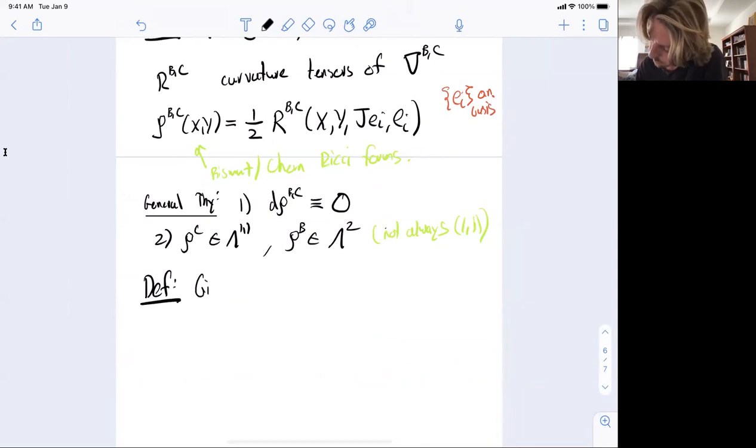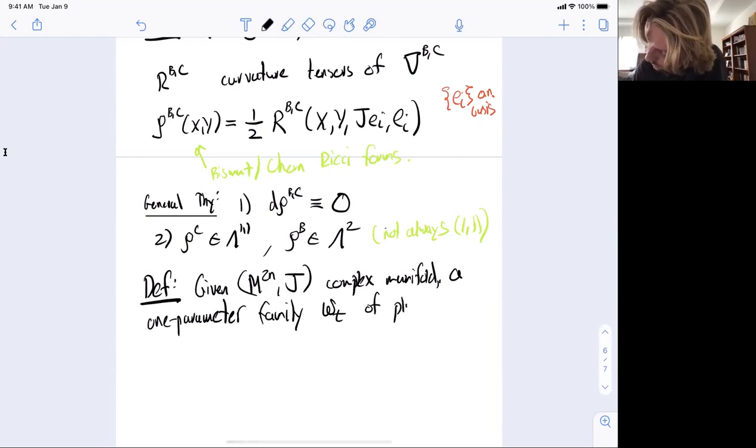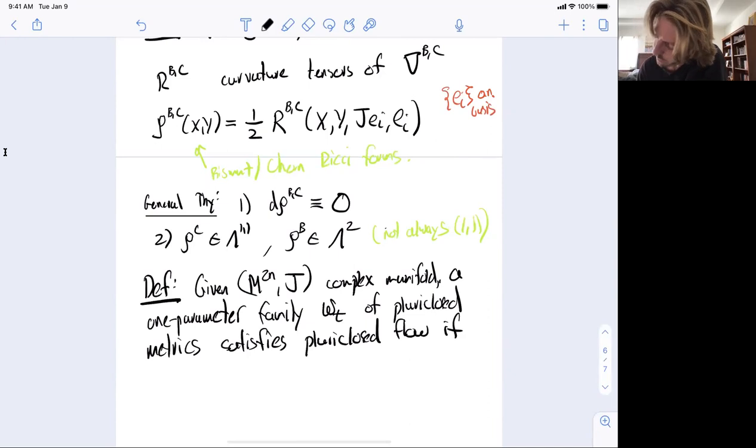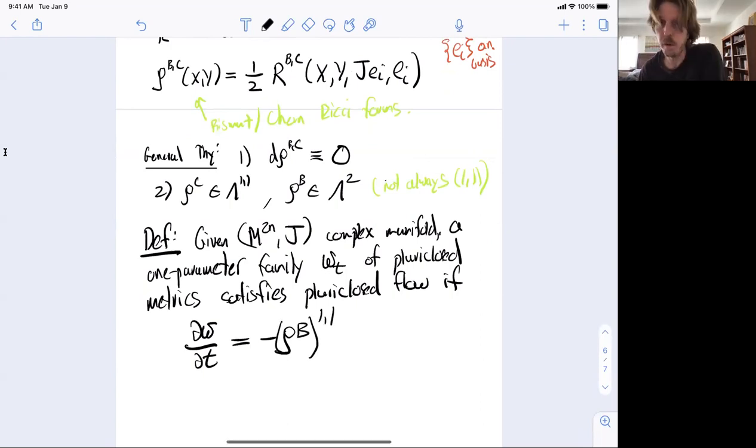Given M^{2n}, J a complex manifold, a one-parameter family ω_t of pluriclosed metrics satisfies pluriclosed flow if ∂ω/∂t is minus ρ^B, but then I project to the (1,1) piece.